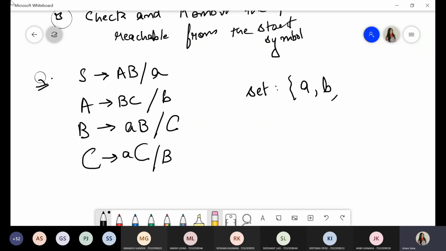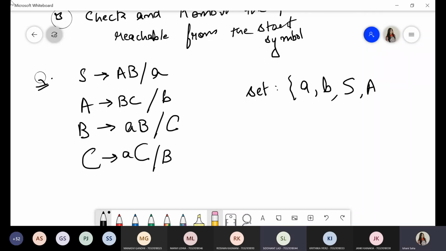Which of them are directly generating terminals? S and A. Till here, is it clear to all of you what we have done? The first step is you have to include all the terminals and then you have to see which of the productions are directly generating the terminals. Include those non-terminals. Is it clear till here? Yes or no? It's very simple, right?